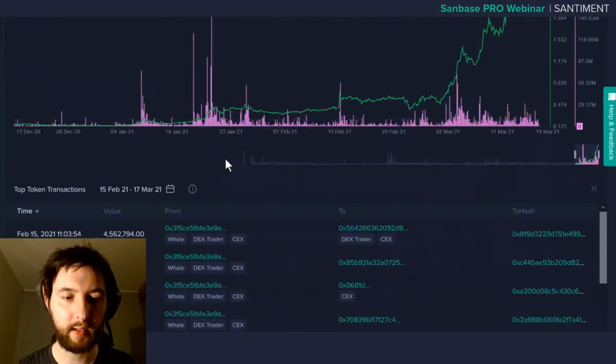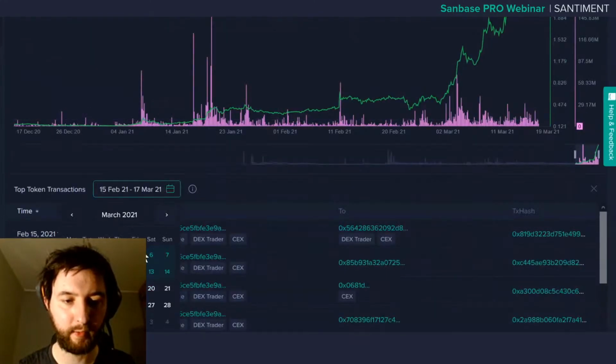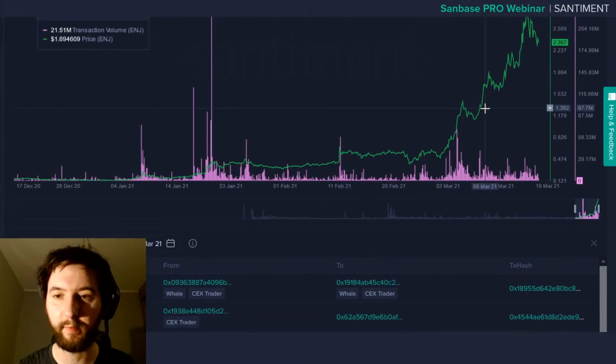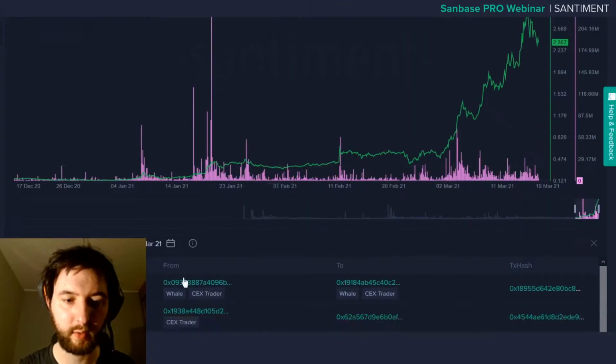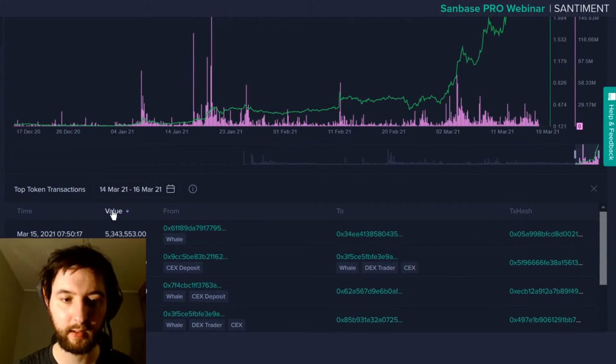So here are the setups that I've used. I've looked at all of the biggest transactions between the 14th and 16th of March. So basically this move here. And I discovered a number of addresses, but the one that I want to look into is this one. So you filter them out by value and look at the biggest transactions first.